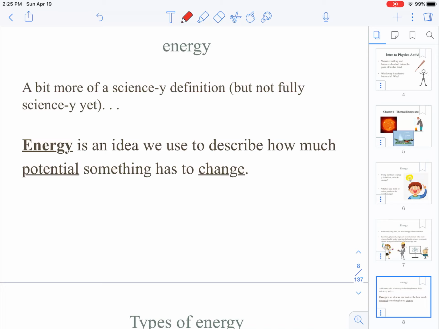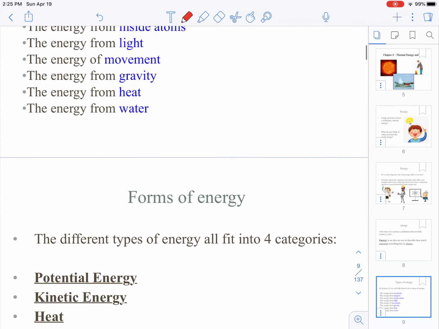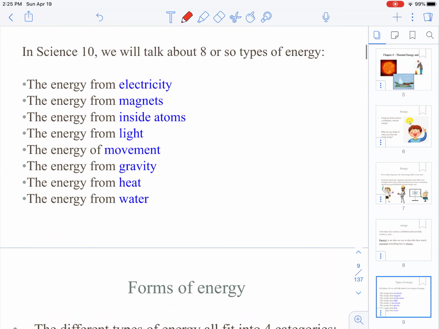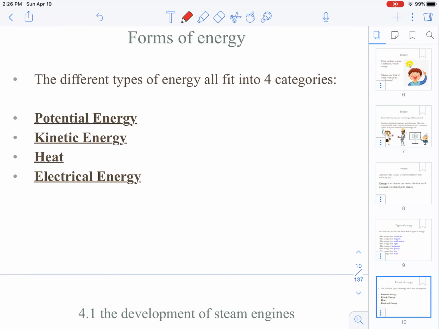The best overview of it is that energy is something that has the potential to change into another form. So when we look at electrical, magnetic, light, mechanical, gravitational, all these types of energies, they are all potentially able to turn into another kind of energy, and that's where it's useful for them to be part of technologies and machinery.